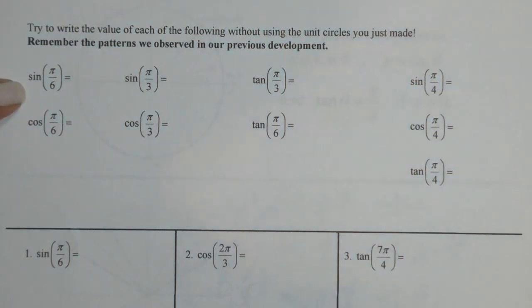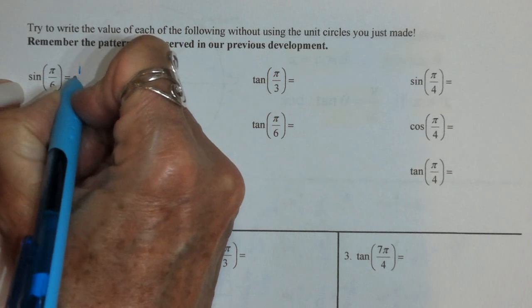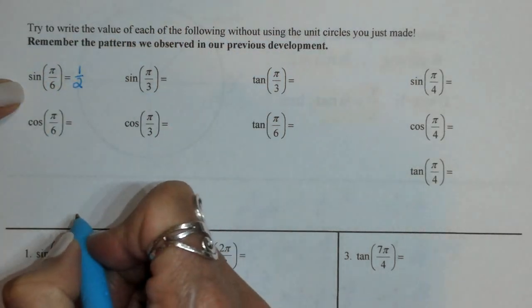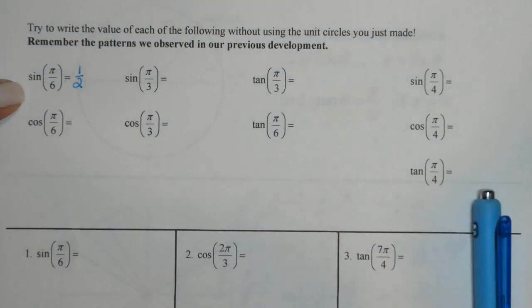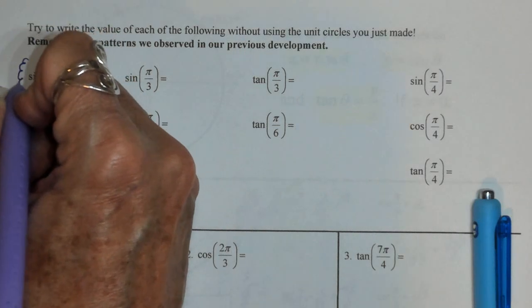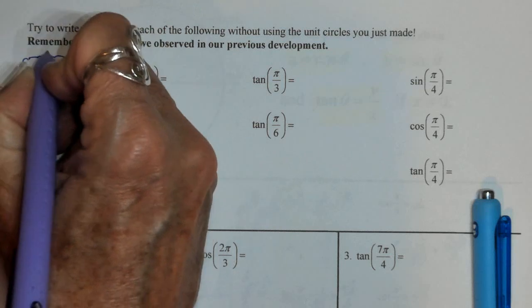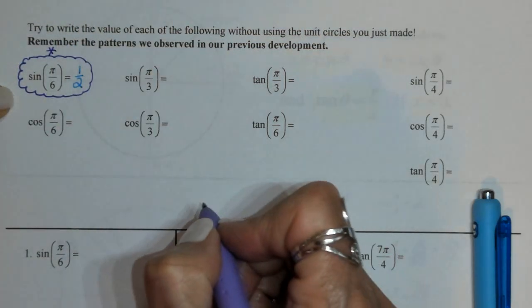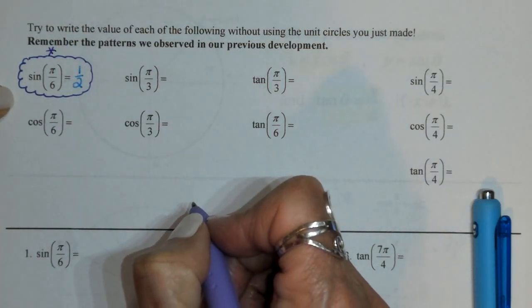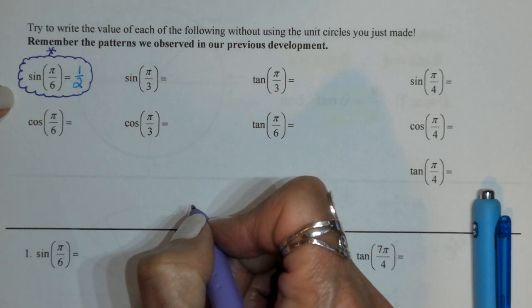Sine of pi over 6. This is the one, if you memorize this, the others should fall into place. Sine of pi over 6 is the one that I truly just memorize. I've taught a lot of kids these trig ratios.